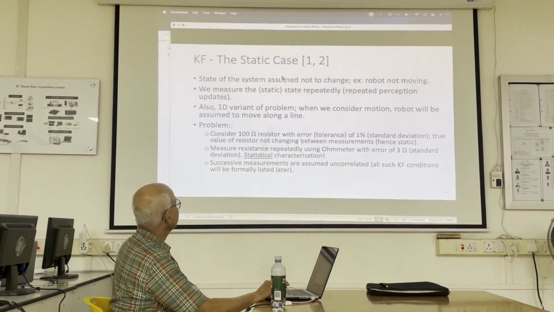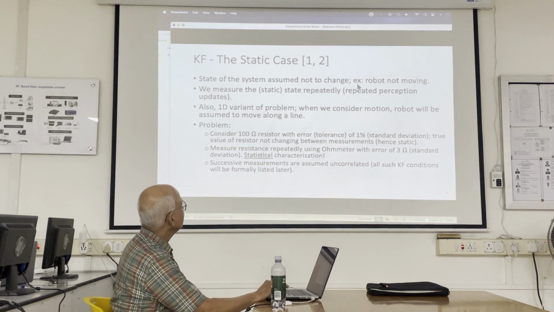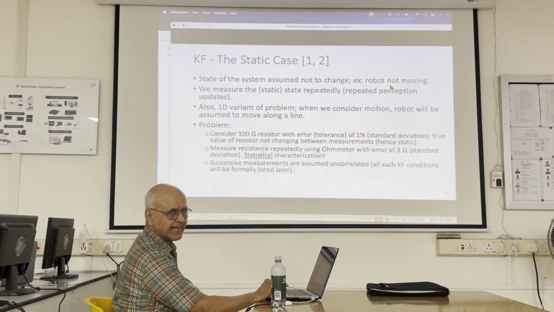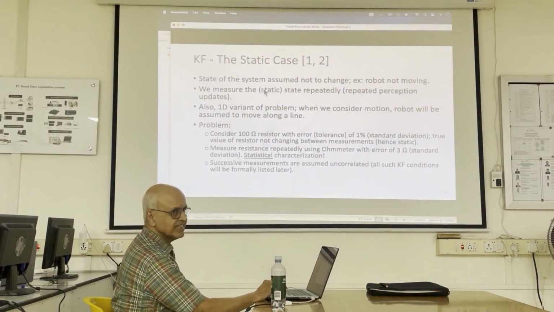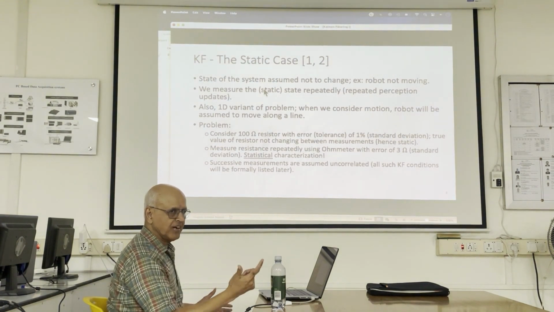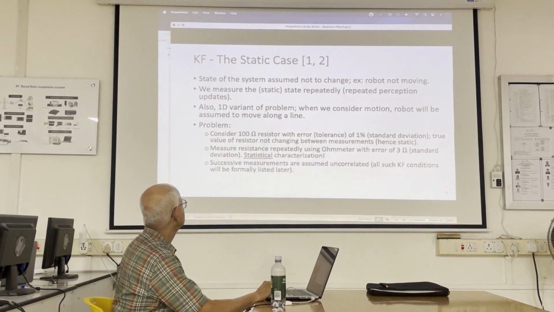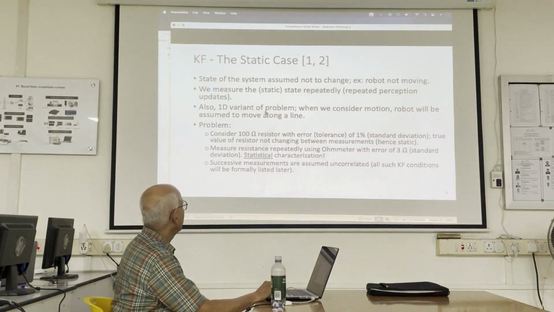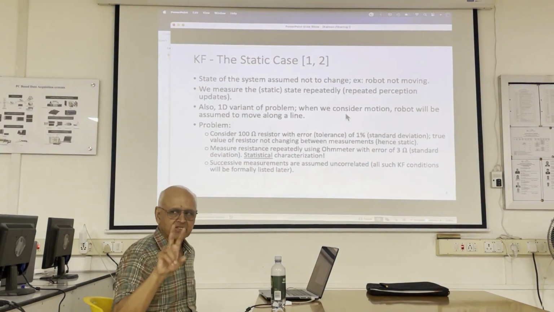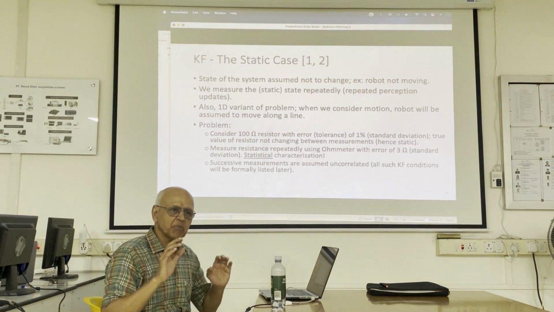So we're going to go with the static case. State of the system assumed not to change. Example, robot not moving. Or resistor whose value is not changing, but you're keeping on measuring it. So it's a one-dimensional variation of the problem. When we consider motion, then in the next Kalman filtering part 2, we'll assume the motion is simple.